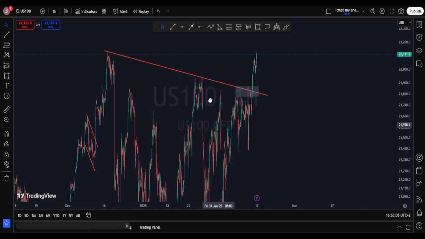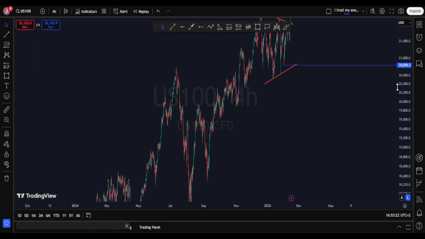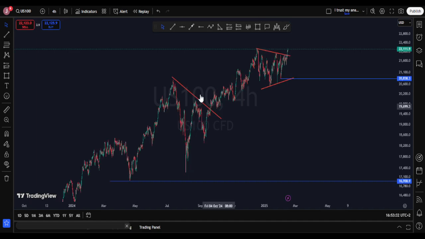let me go to the 4 hour just to identify where I would have my TP. Let me just do this pattern here. So my usual take profits, guys, is usually the 90% rule.